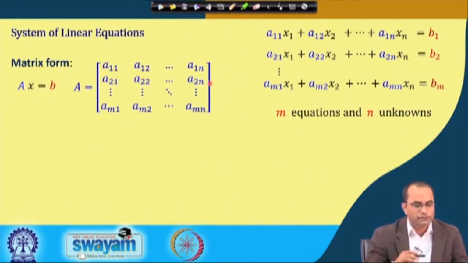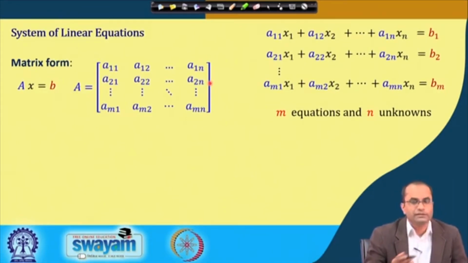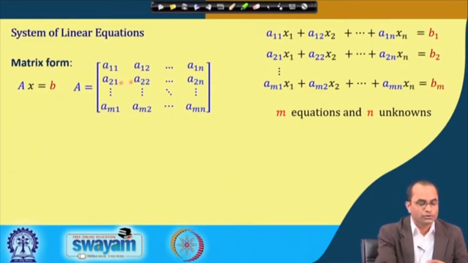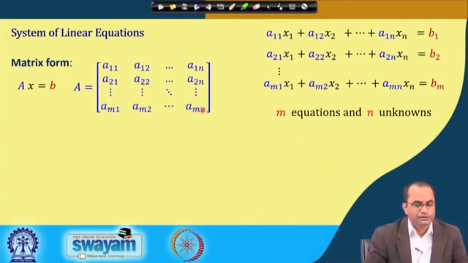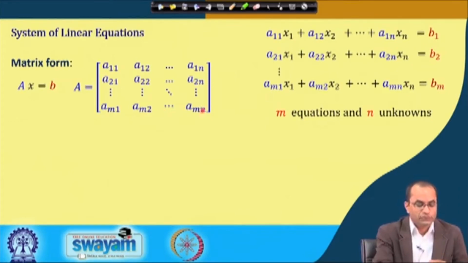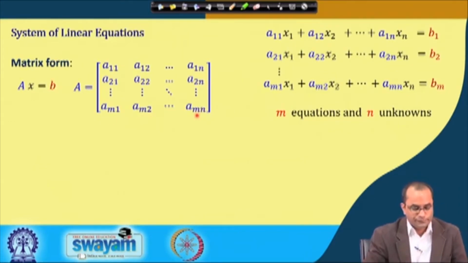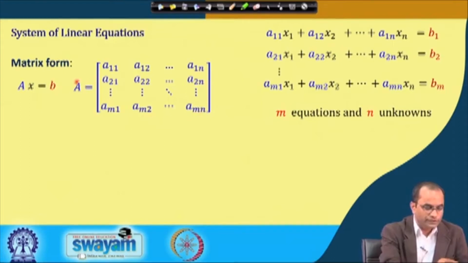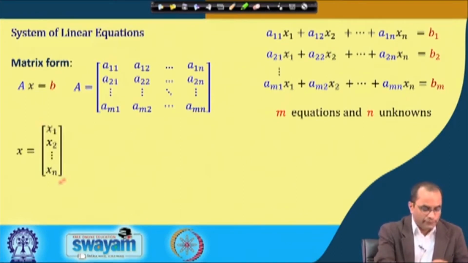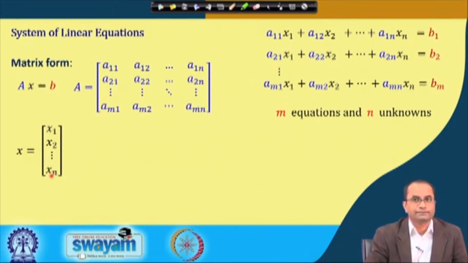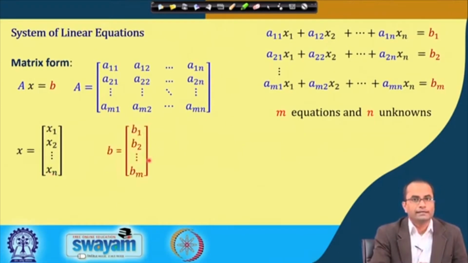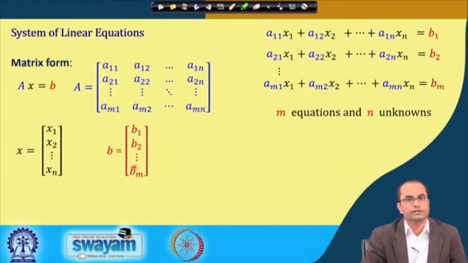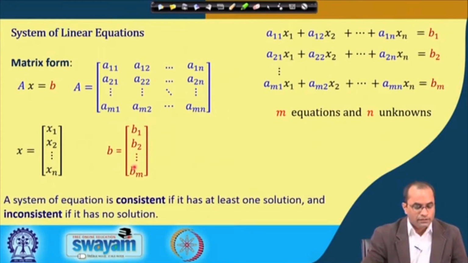The second row contains the coefficients from equation number 2, and the last row contains the coefficients of the mth equation, am1, am2 and amn. So, this is the coefficient matrix, then we have the vector of unknowns x1, x2, x3, xn, and the right hand side vector b with components b1, b2, b3 and bm.